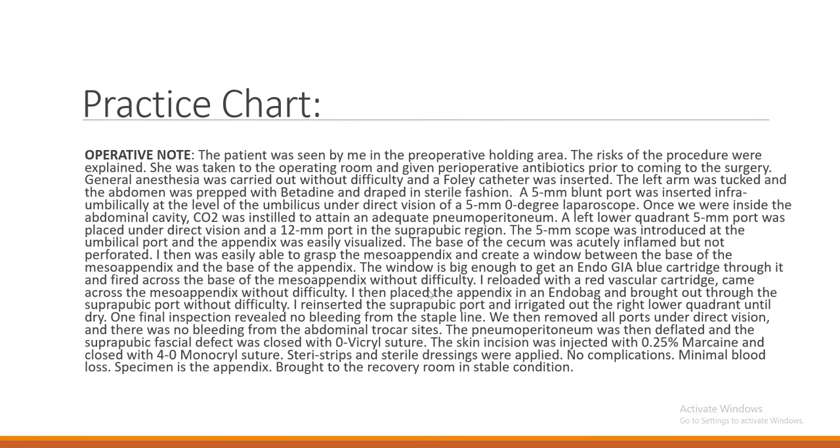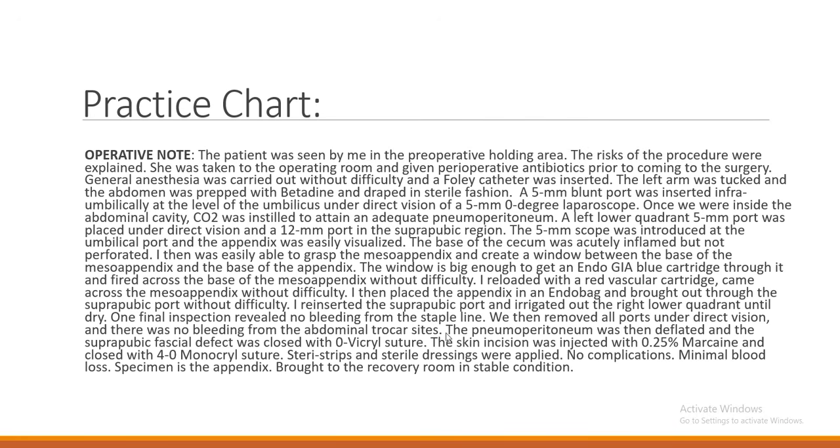So what is important here is that after releasing the mesoappendix, the physician has removed the appendix through the suprapubic port. Okay. So we then removed all ports under direct vision and there was no bleeding from the abdominal trocar sites.